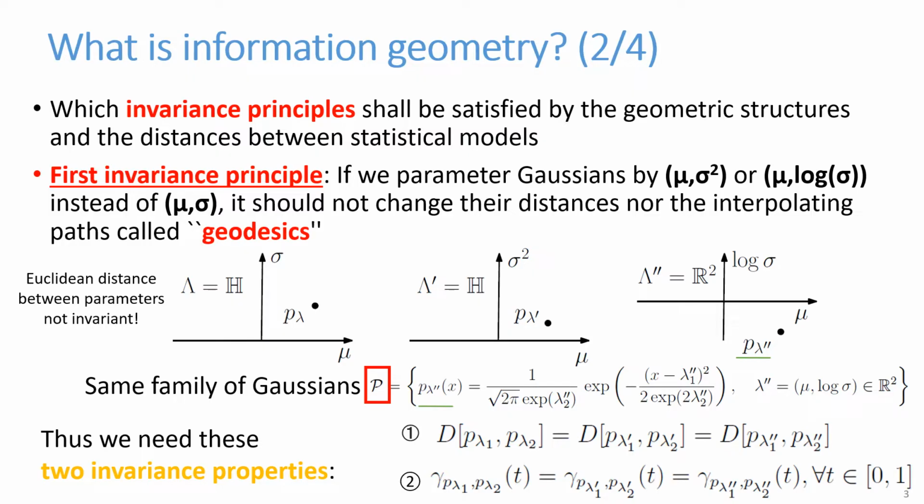Whether I choose mean and standard deviation, or mean and variance, or mean and log variance, I can index distributions in their respective domains, but the statistical distances shall not depend on the parameterization when there exists a diffeomorphism between them. This clearly shows that the Euclidean distance between parameters is not invariant. Similarly, we should define interpolation paths which are independent of the chosen parameterization. This is the spirit of geometry.